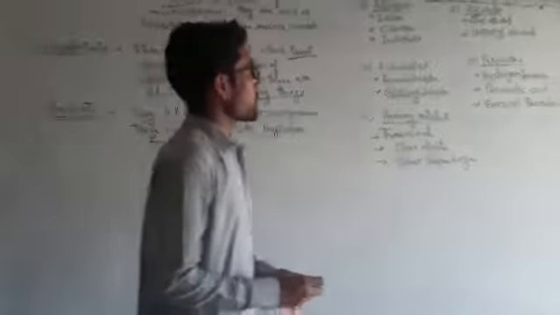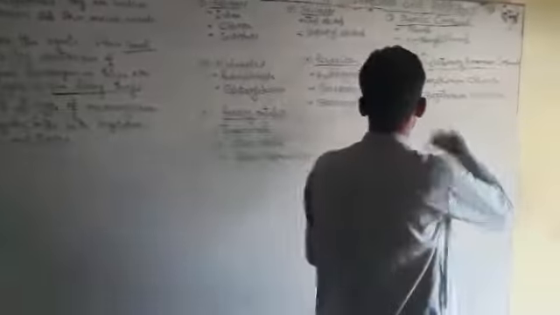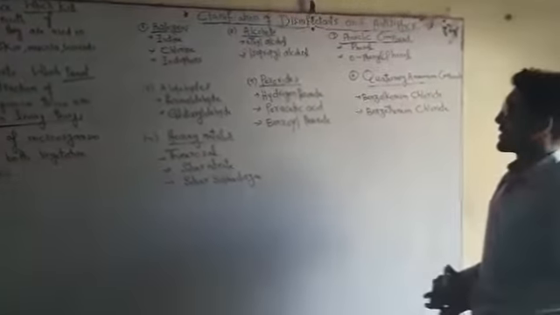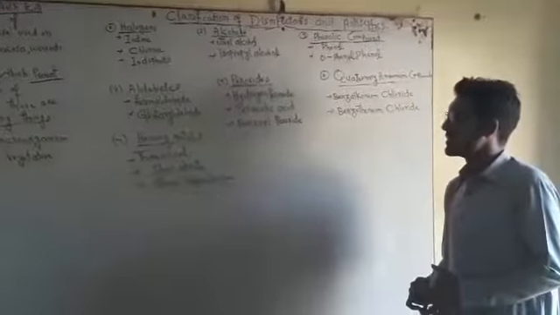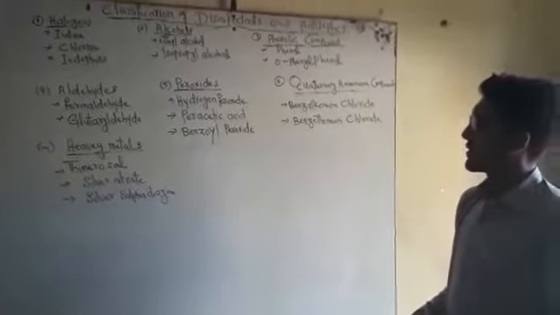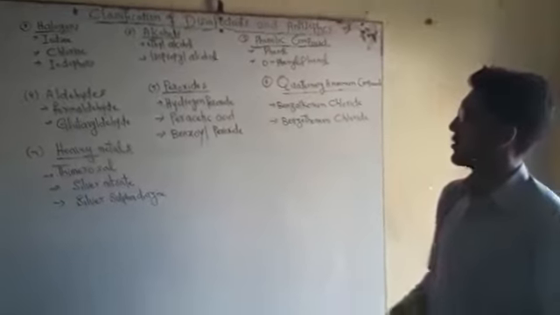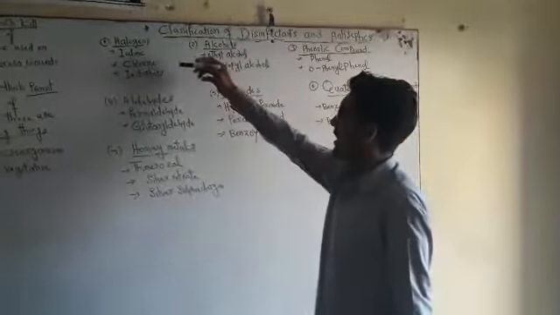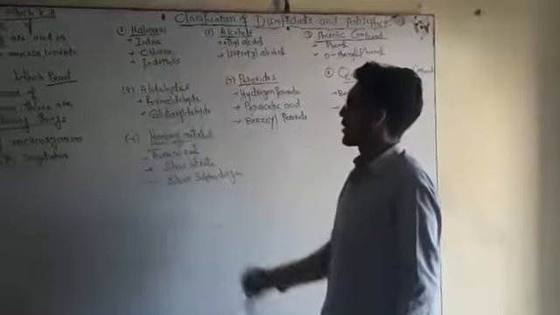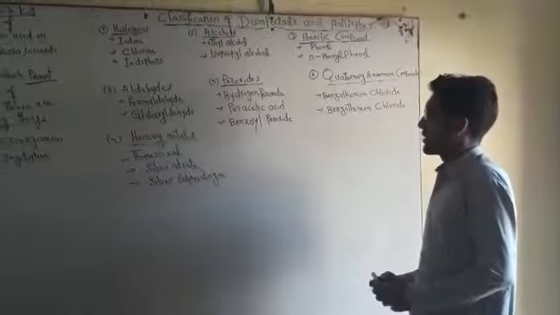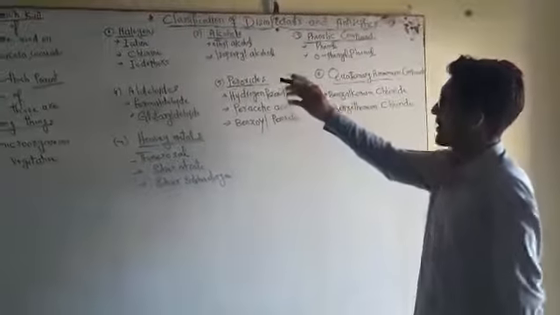Now we are going to discuss the classification of disinfectants and antiseptics. We have divided it into the following seven categories, and each category consists of its own chemicals, its own agents. The halogens group contains iodine, chlorine, and iodophores. Iodine is the most commonly used one, and chlorine came later.